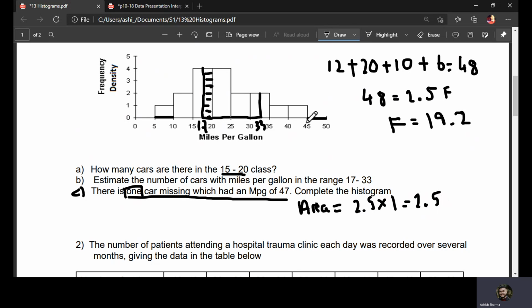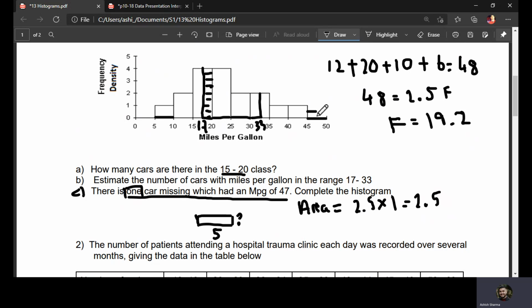Now, if we think about this carefully, we know that the width of this bar is 5. What must the height be in order to give a total area of 2.5? If you think about it a little bit carefully, it's just got to be a half.